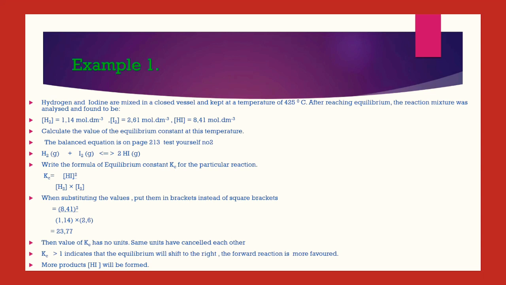Kc equals, in brackets, 8,41, close the brackets, raised to the power 2, over the concentration of hydrogen gas, in brackets 1,14, close the brackets, multiplied by, in brackets 2,61, close the brackets. Then the answer is 23,77. You can check the answer.